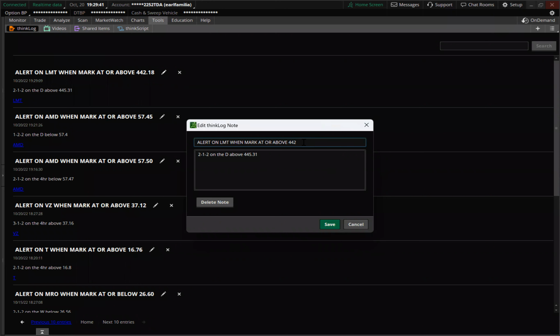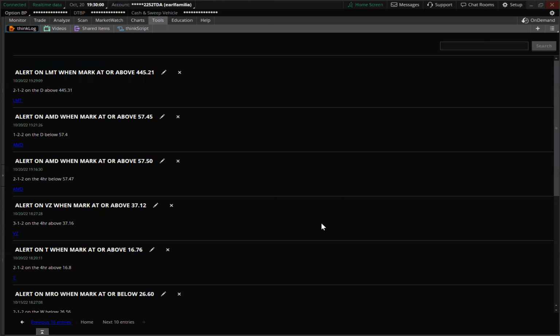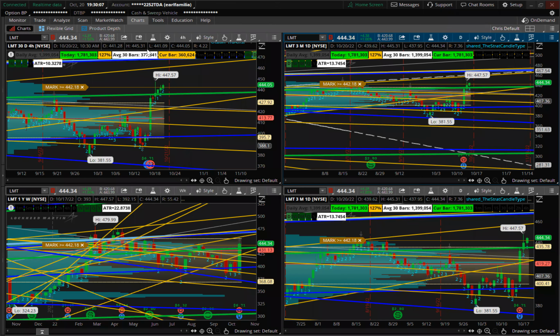I seen the digits change after I hit save, and I'm like, hold up. Why did it change $3? 442.18. That ain't even close. Your FBI agent assigned to you over here working overtime. Boy, they working.